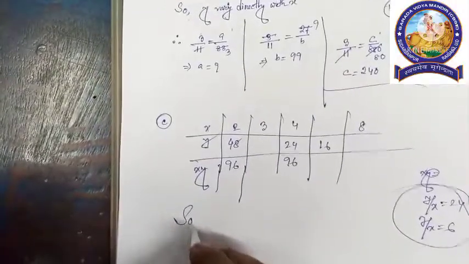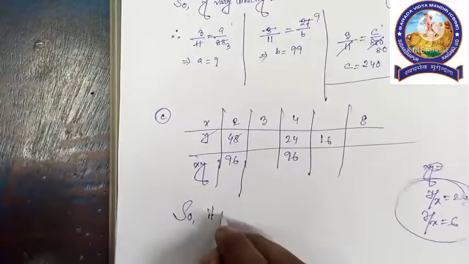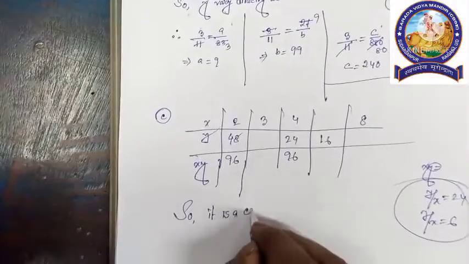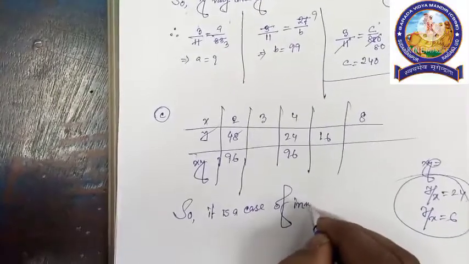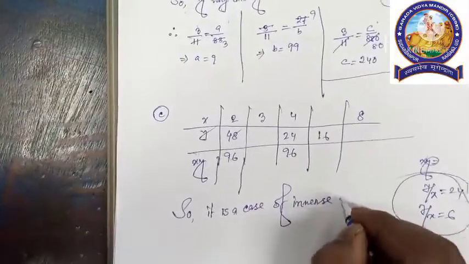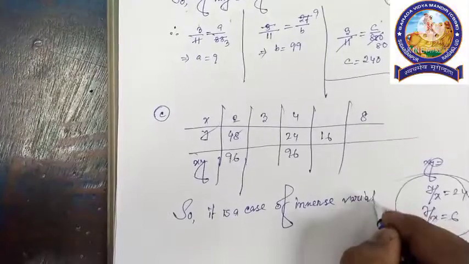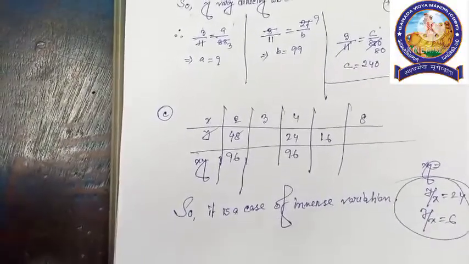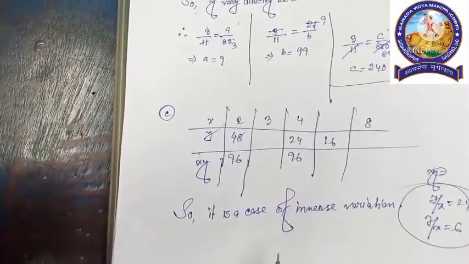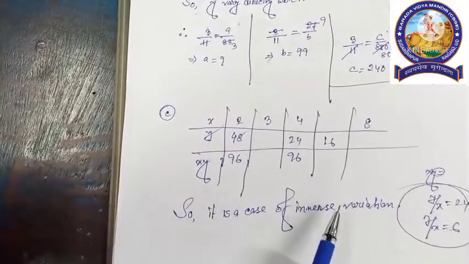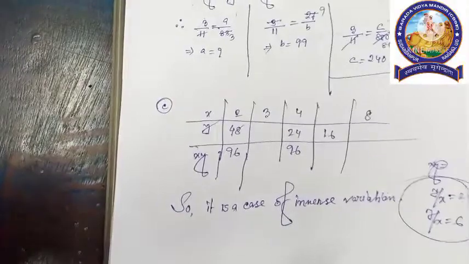So it is a case of inverse variation. Or you can write x varies inversely with y, or y varies inversely with x.